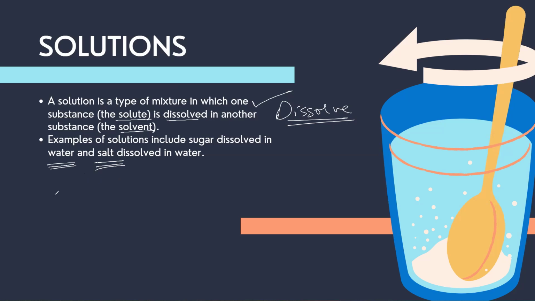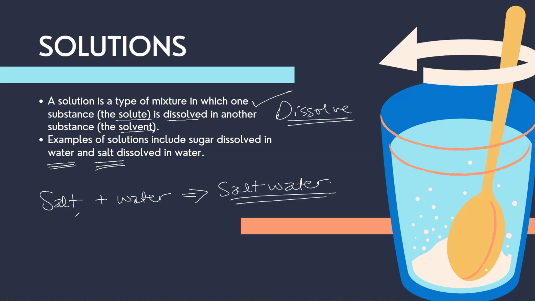So for example, if I put some salt in water, I have a solution called salt water. Is that correct? Yes, sir. Beautiful. So the substance that gets dissolved, the salt, is called the solute, and the substance that does the dissolving, water, is called the solvent.